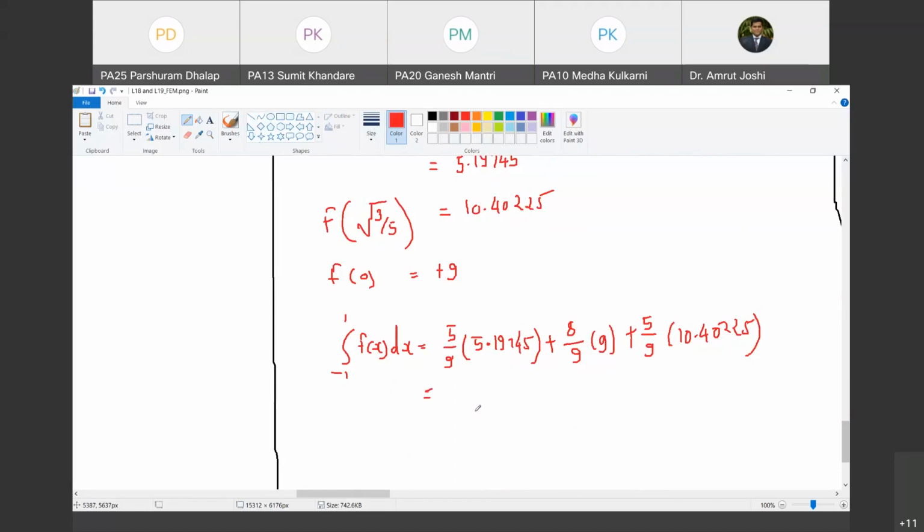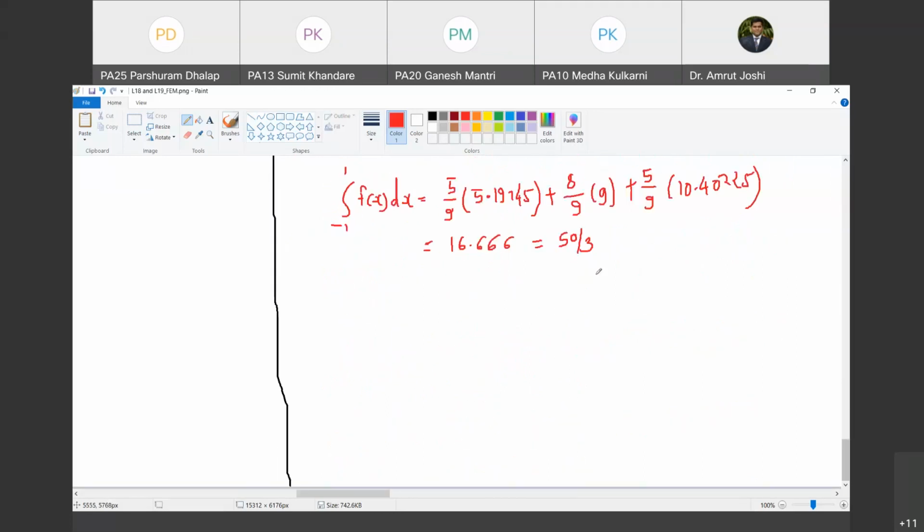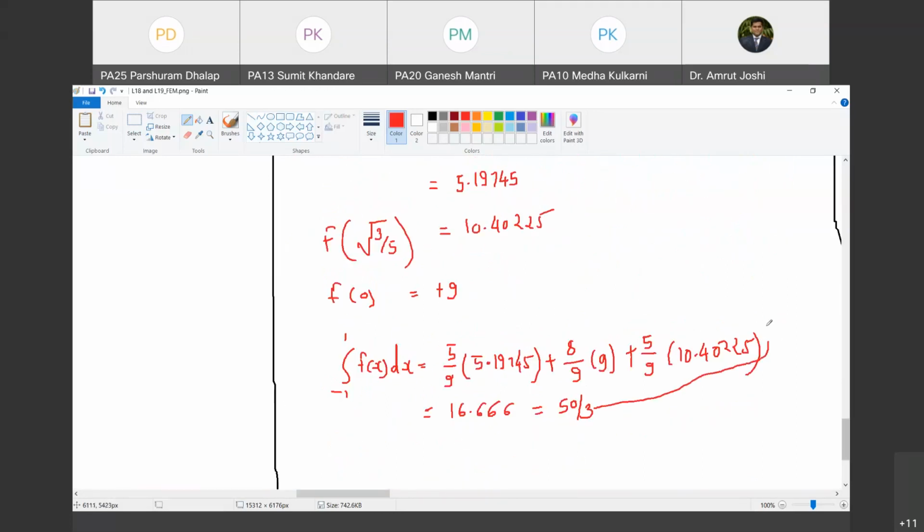How much? 16.666. Is it equal to 50 by 3? Yes, sir. So we are getting this equal to the exact value.